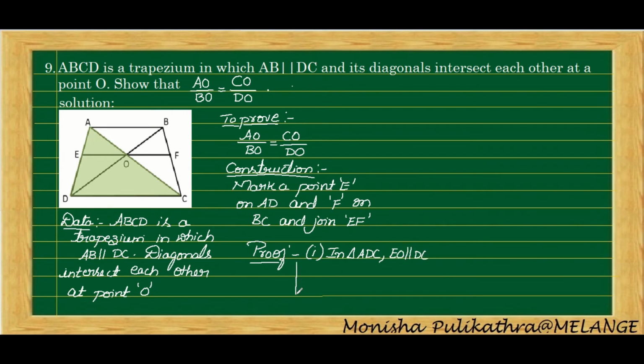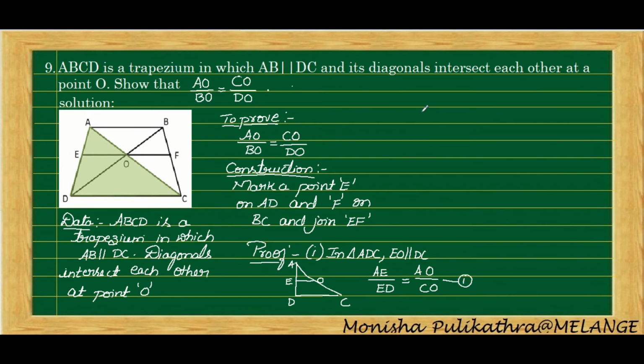The triangle will be like this: this is A, D and C, and this is E and O. So in triangle ADC, EO is parallel to DC. By Thales theorem, AE by ED is equal to AO by CO, or OC, whatever you can take. Let this be equation 1.